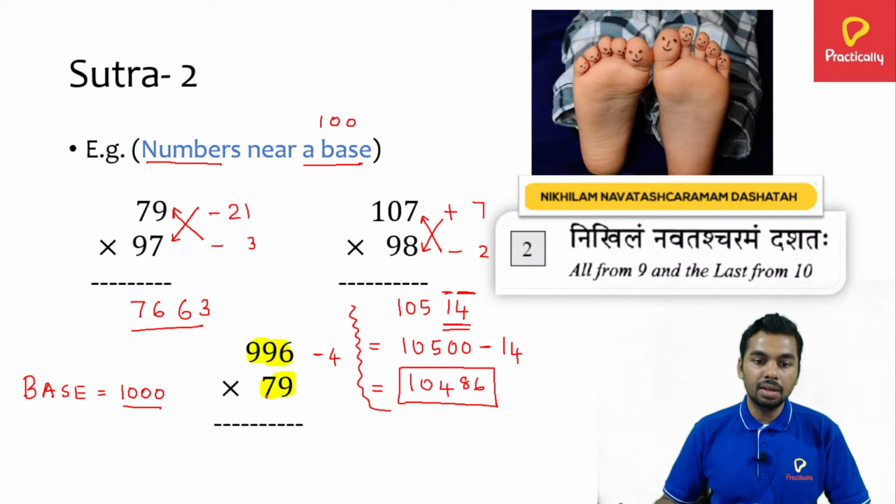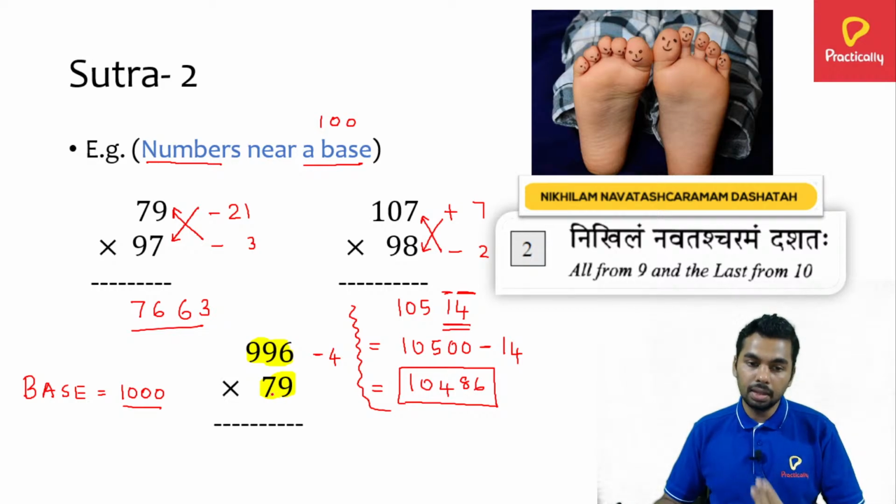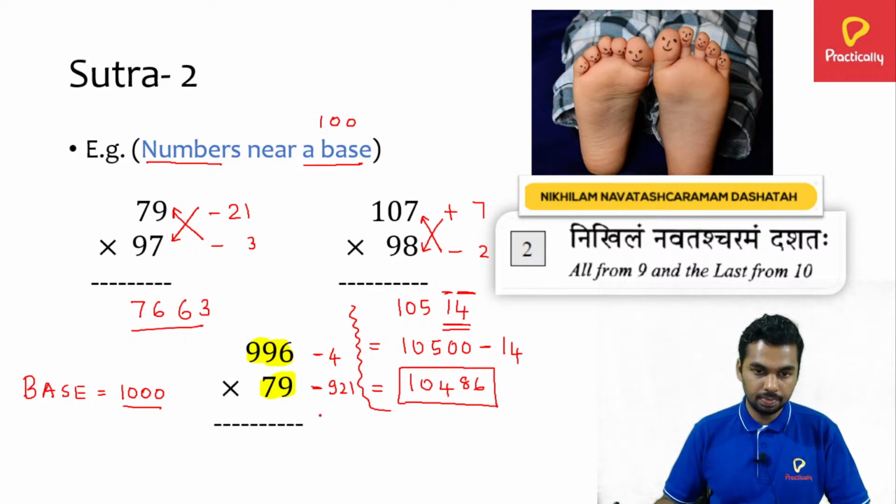What is 79? It is 100 minus 21. But if you add another 900, it would come to the base 1000. So this is going to be minus 921. Now you just do the usual method.